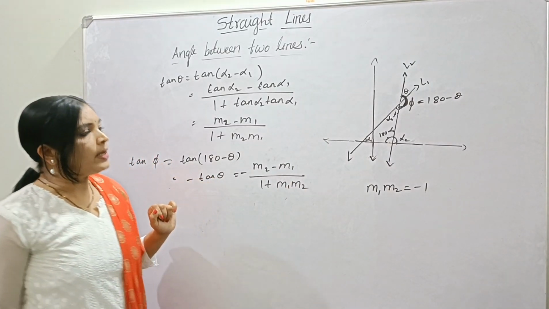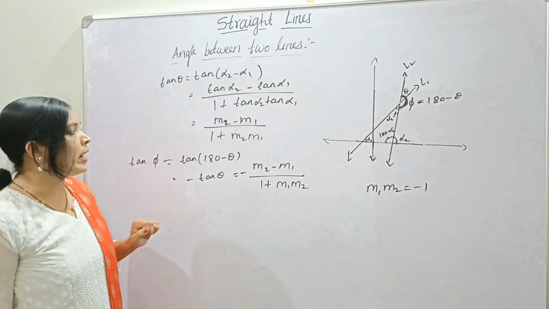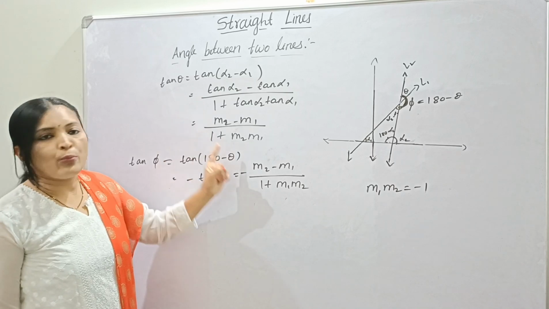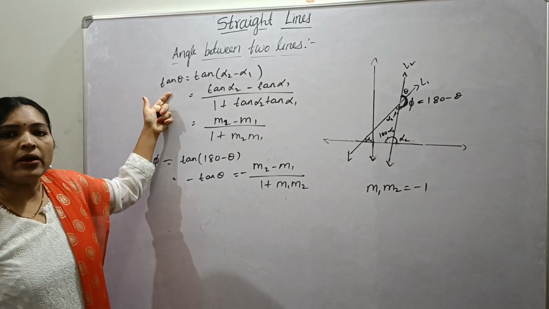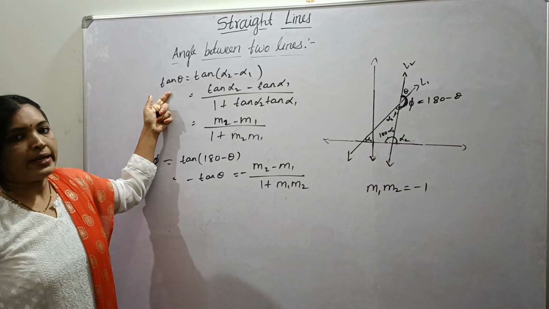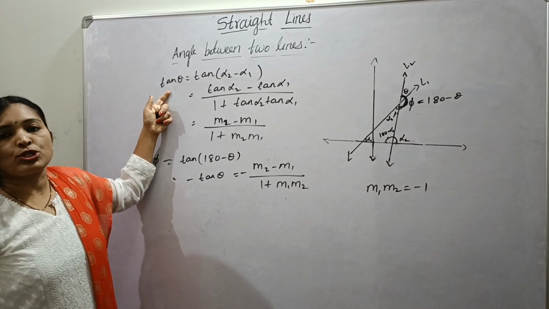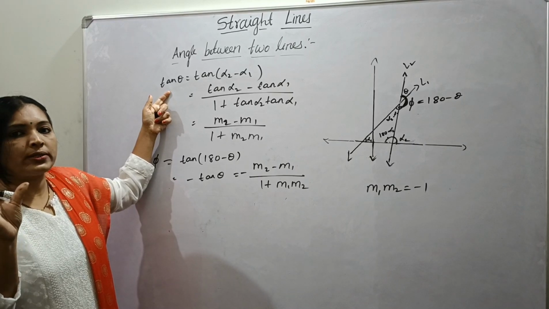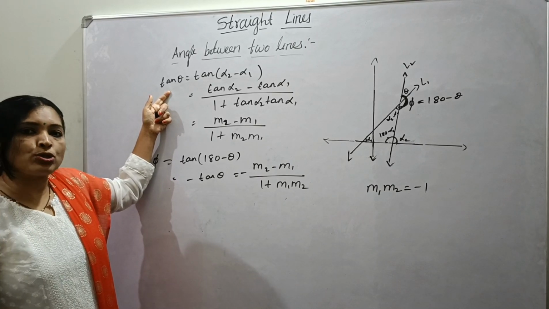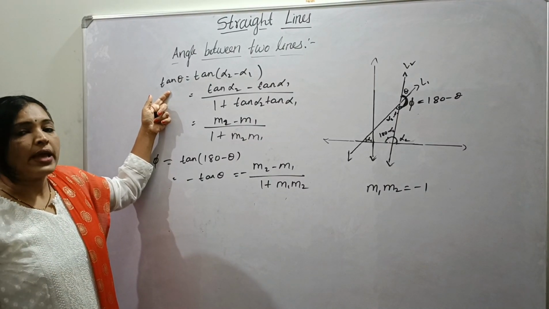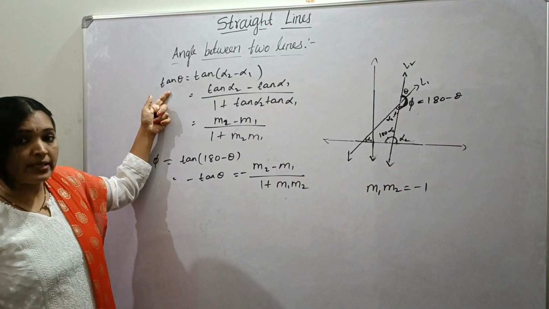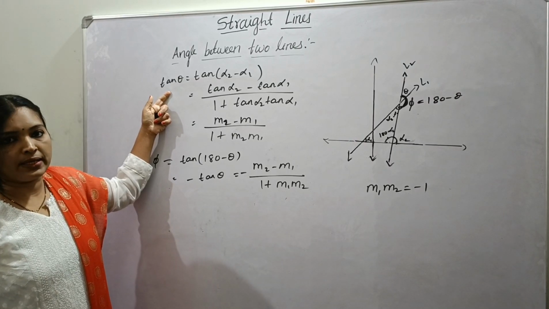Here, if m2 minus m1 divided by 1 plus m1 into m2 is positive, then tan theta is positive. If tan theta is positive, then theta will be an acute angle. Acute angle means theta will be less than 90 degrees.